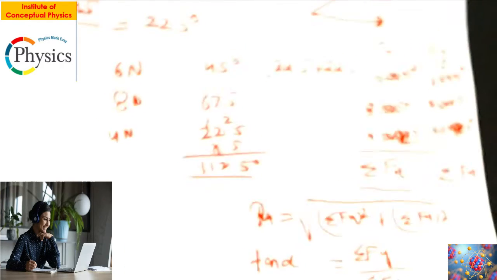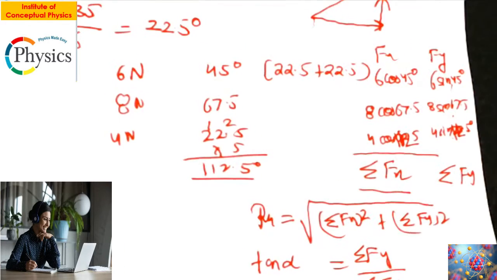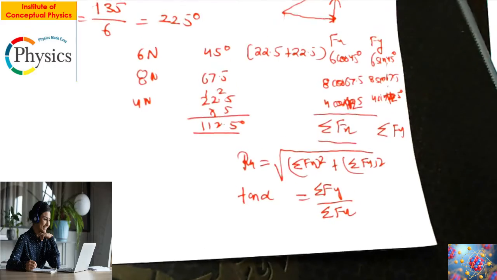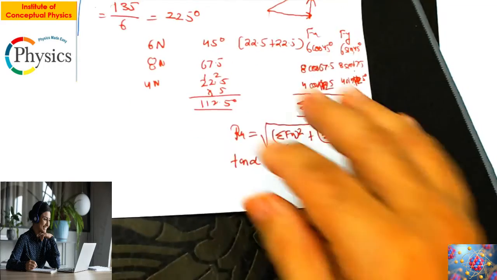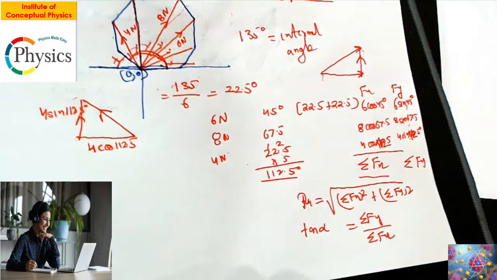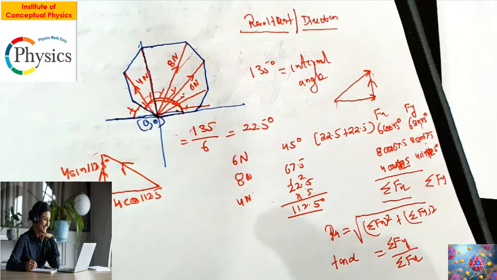A lot of students would know how to calculate the whole thing about resultant, but likely what's going to happen is that you get stuck because what you get as a figure is an octagon. And if you don't have sufficient knowledge of the octagon, you may get stuck.